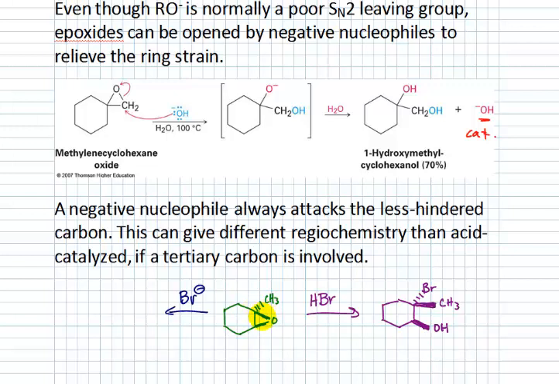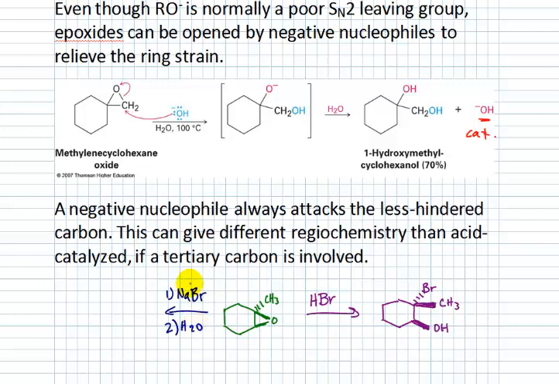Now, if I have bromide, just plain old Br minus, nucleophile attacking, I mean, that's, for instance, if we said sodium bromide, NaBr, and then to protonate the product, H2O, for instance.